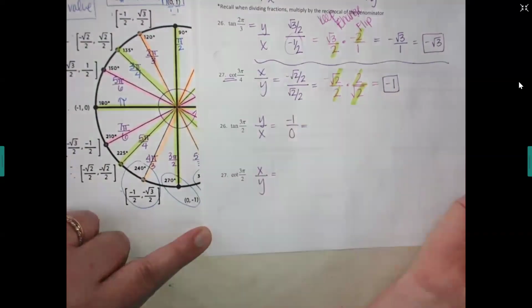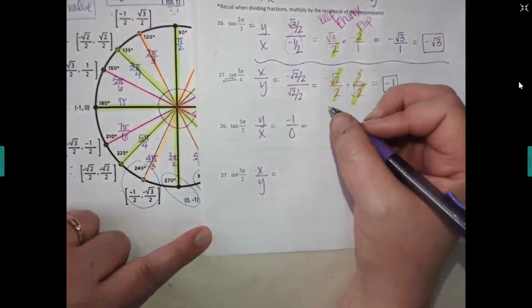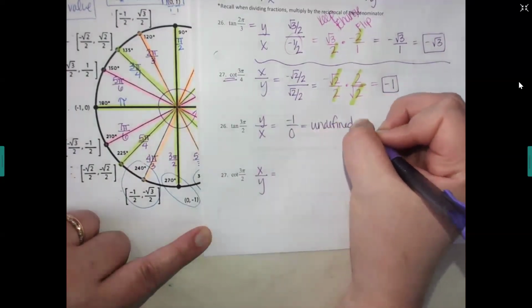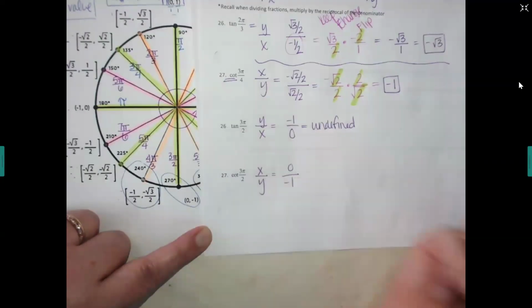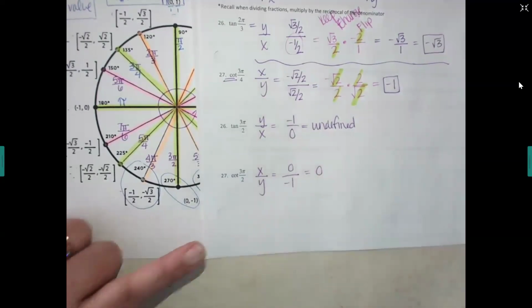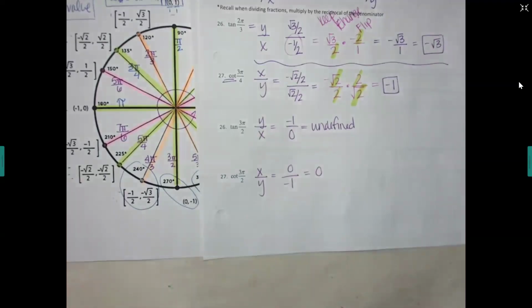And what's my answer for that? Undefined is correct. Good job, Dory. Okay, and then for my other one, it's 0 over -1. But 0 divided by anything just stays 0. Remember, it's okay to have your 0 on the top. No, you can't have it on the bottom. All right?